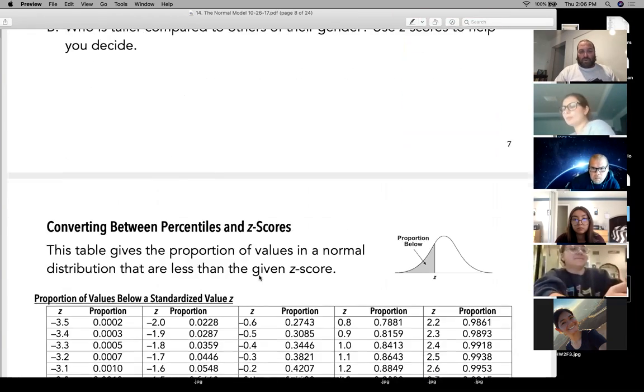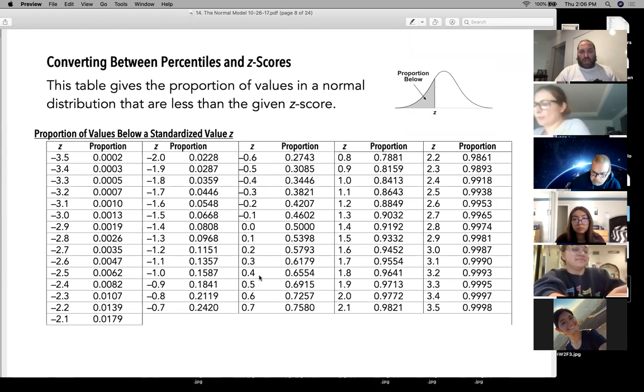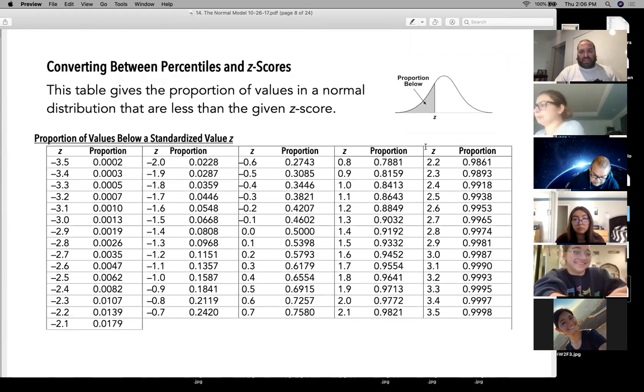So what we're going to do now is talk about how to calculate the percentage of data that falls beneath any particular z-score. And the good news is that we don't do it ourselves. We have a table that does it for us. You can find these online.